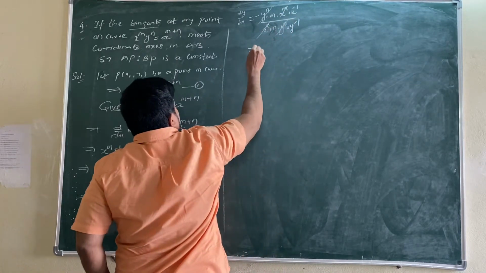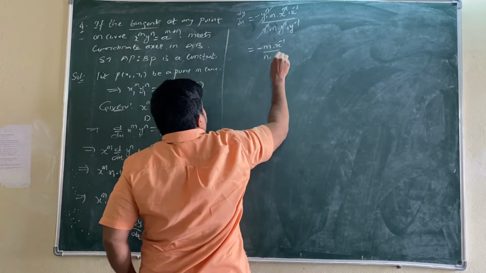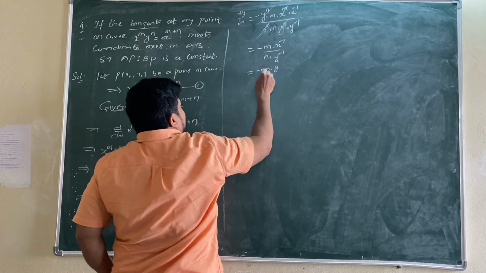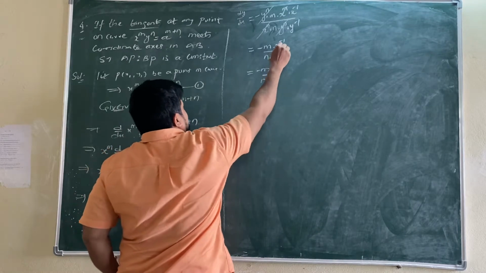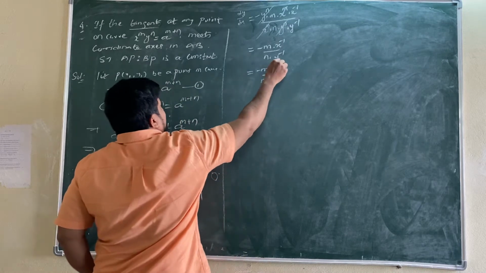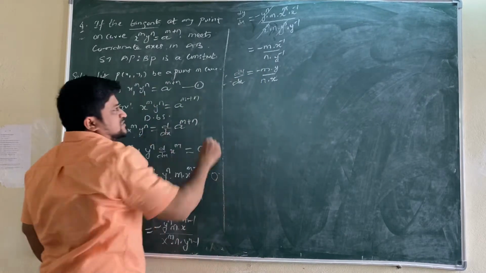Whatever remains, we write that. Minus m into x inverse, n into y inverse. y comes in the numerator and x inverse comes to the denominator. It becomes minus m y by n x. This is dy by dx.